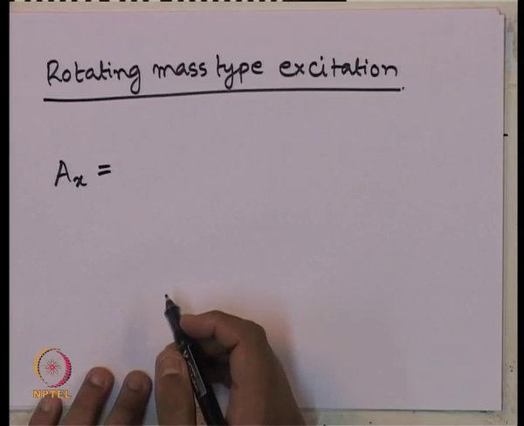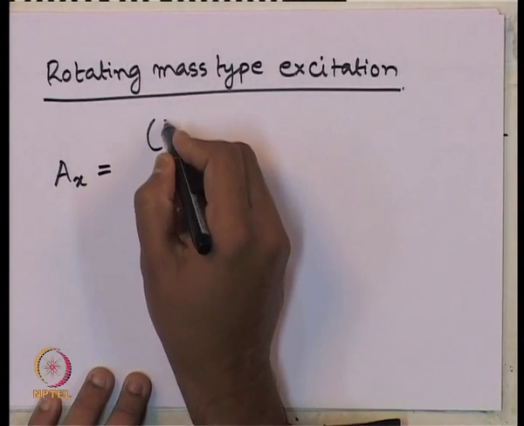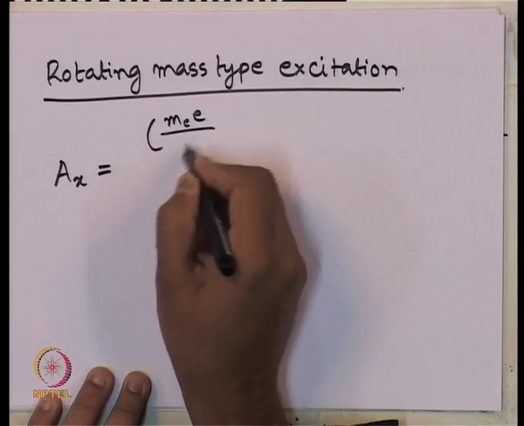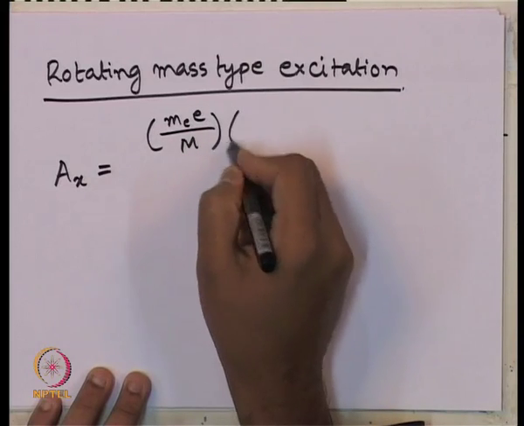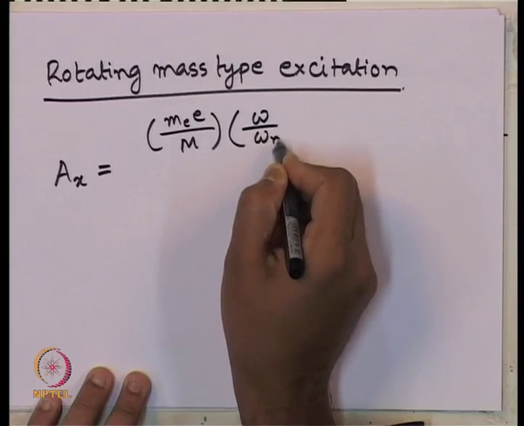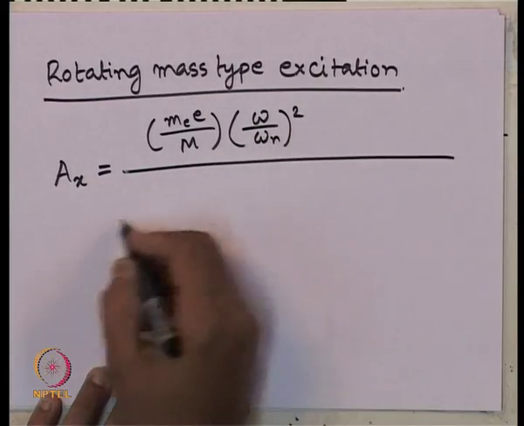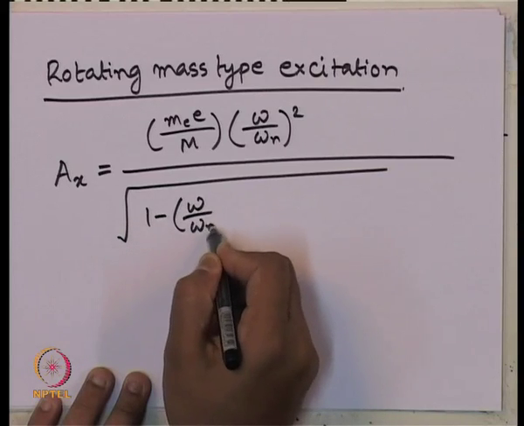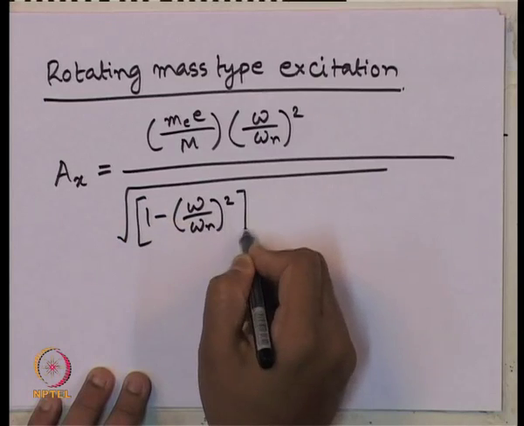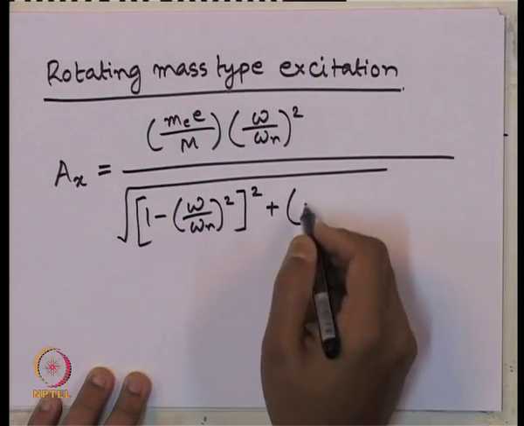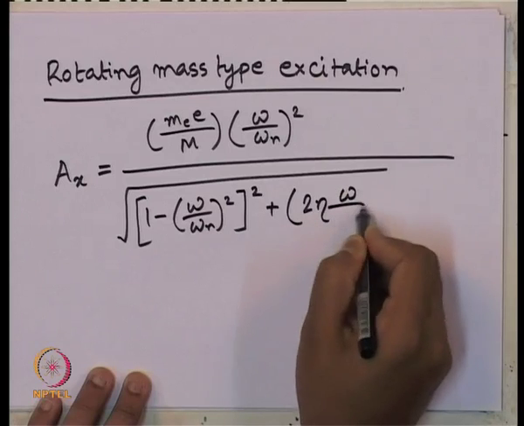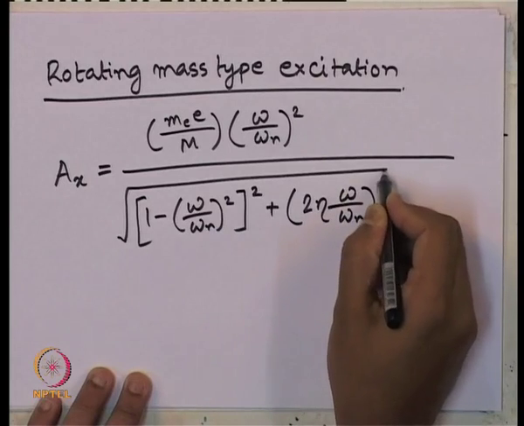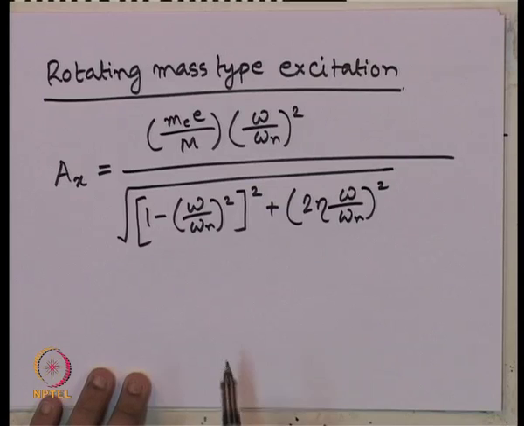To compute the value of A x, that is given by m e e by m, omega by omega n whole square, by root over 1 minus omega by omega n whole square, whole square, plus 2 eta omega by omega n whole square. This is again from our module 2 vibration theory, we get this expression.